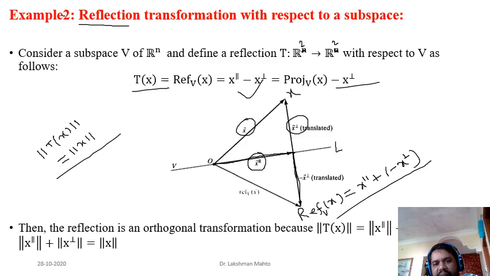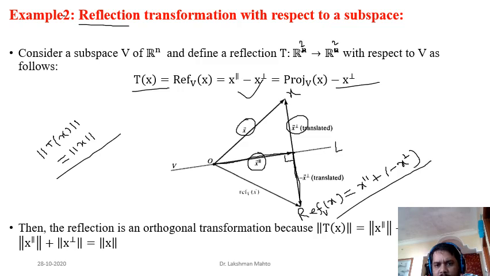So we directly find the norm of T(x). T(x) is defined this way: projection of x minus x perp.